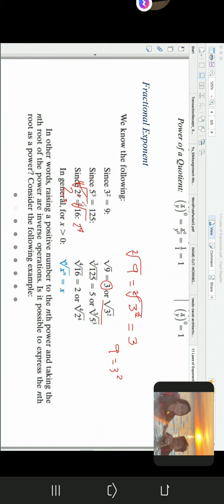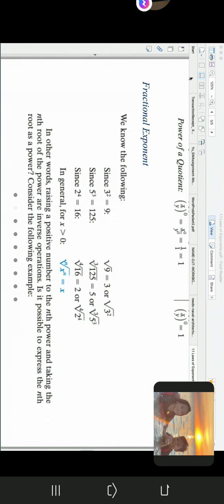So it cancels, then 2 is equal to 2. So we can say that for x greater than 0, the nth root of x to the power of n is equal to x. If they have the same index and exponent, then it is equal to your base, the number here. So that is equal to x.